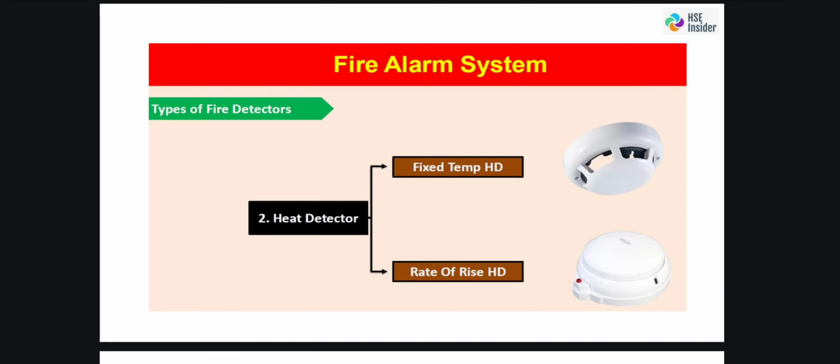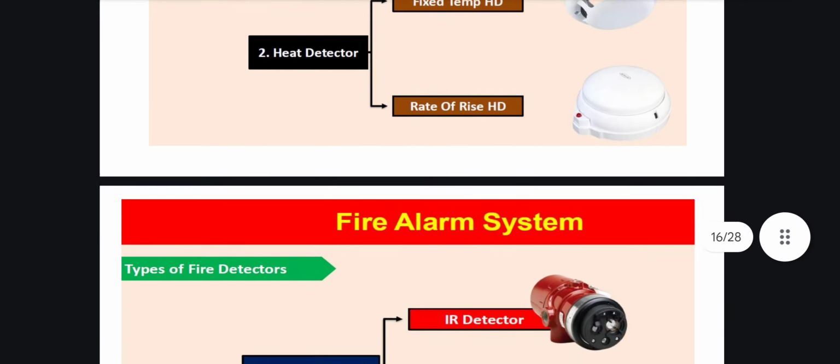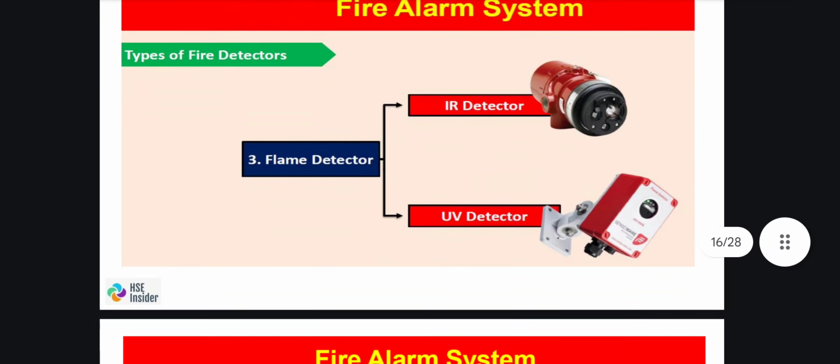Heat detectors also have 2 types: fixed temperature heat detectors and rate of rise heat detectors. You can see the relevant pictures. Same as the other categories, flame detectors also have 2 types: infrared detectors and ultraviolet detectors.